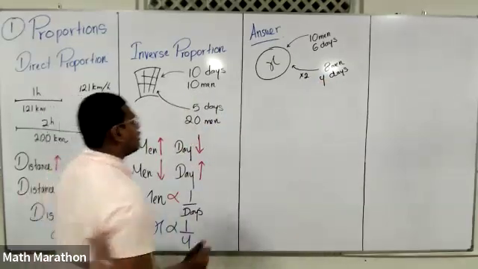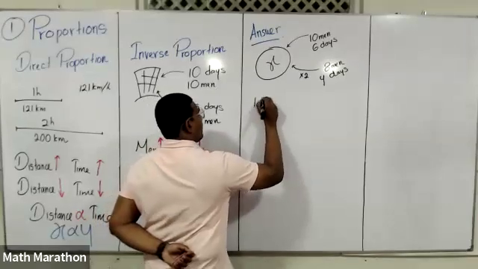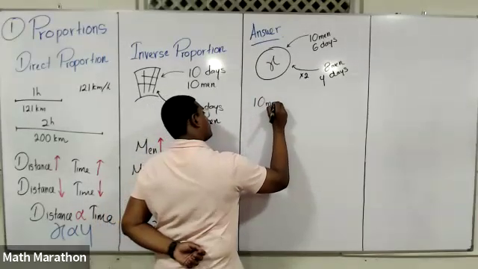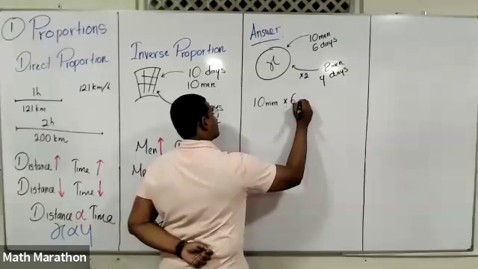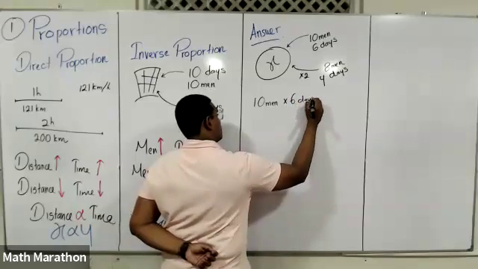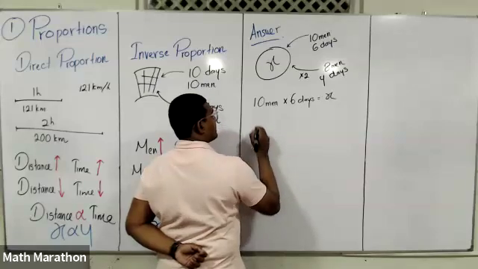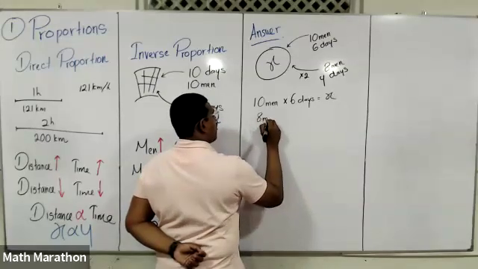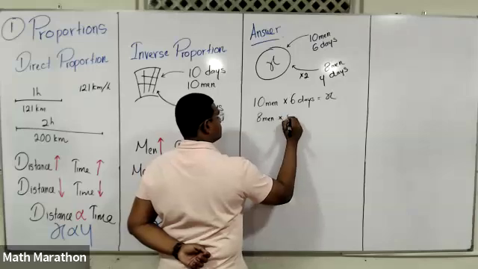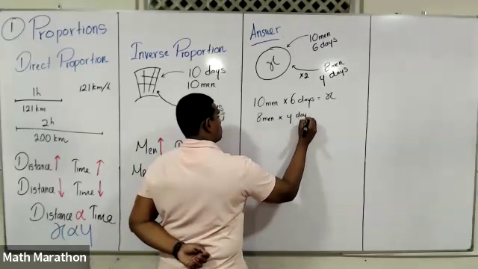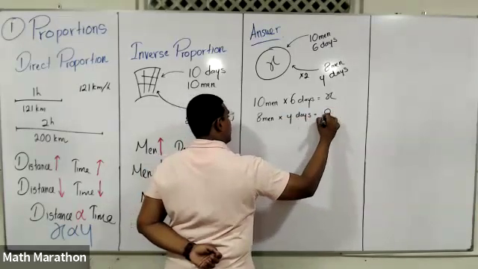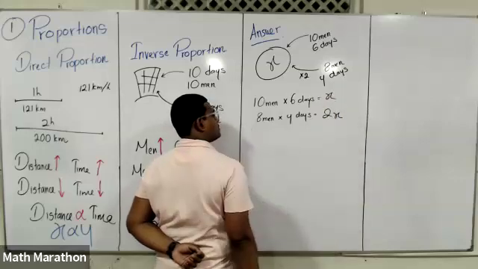Okay. So what do we have? 10 men require 6 days to do the task X. What they are asking is, how many days do I need to complete twice the task?